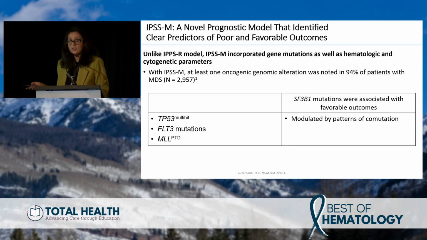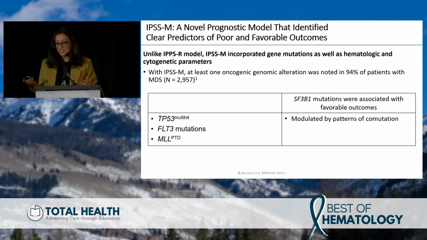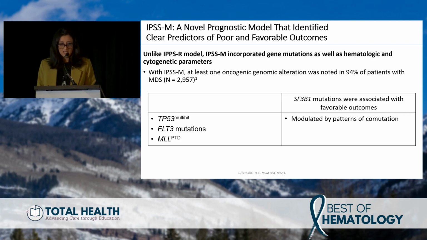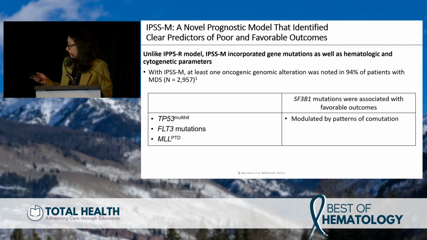And so because of all this myriad of molecular findings that we have now, we have a new prognostic system, the IPSSM. The way that the IPSSM was developed was that almost 3,000 patients with genomic alterations, this was a curated genomic data set, and then there was a validation cohort from Japan, and there were significant mutations that were picked out that were prognostic and added into the IPSS.